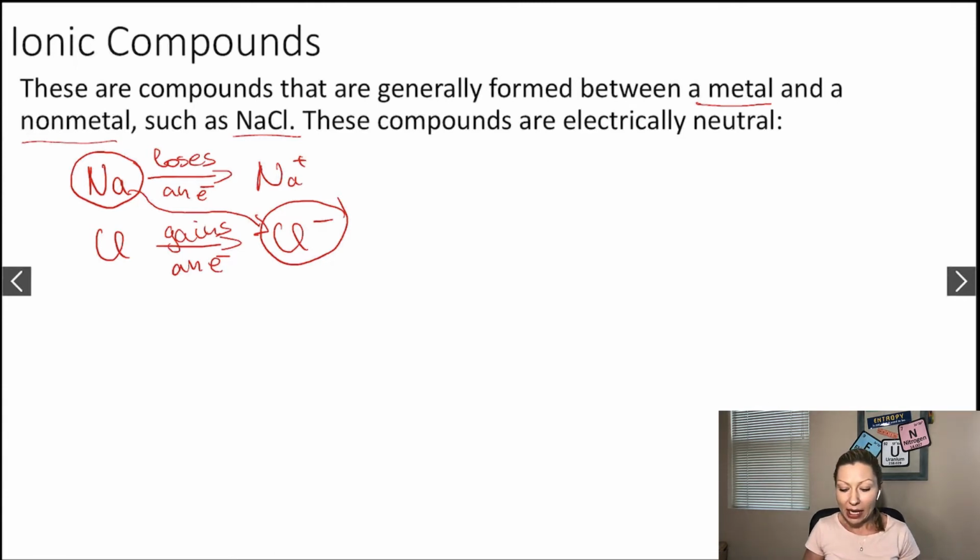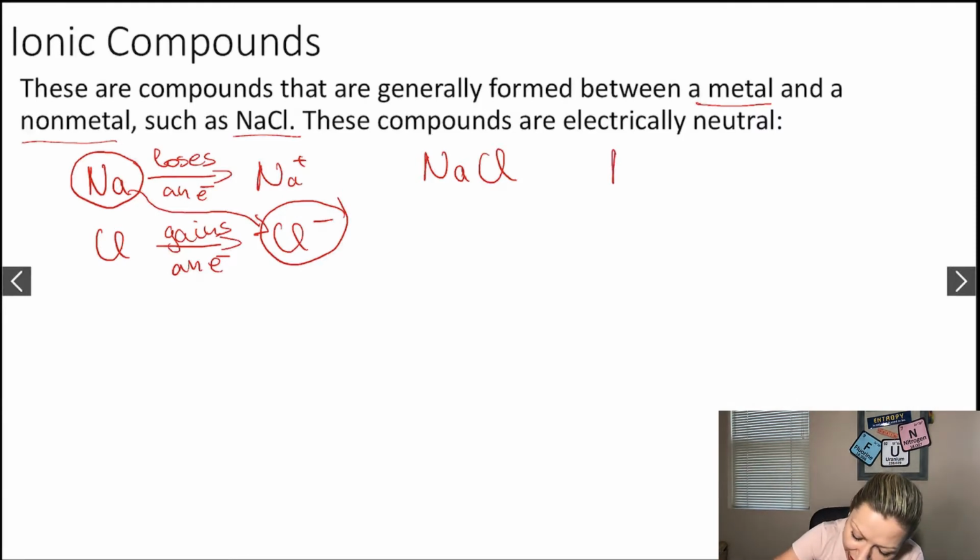All right. Now, if you have a metal and a nonmetal, how do you figure out what is the formula between them? So sodium chloride is NaCl, right? And since we know that these compounds have to be electrically neutral, we can do the following.